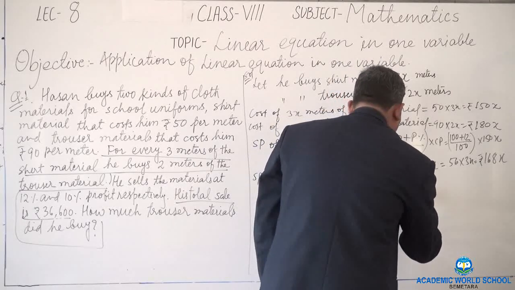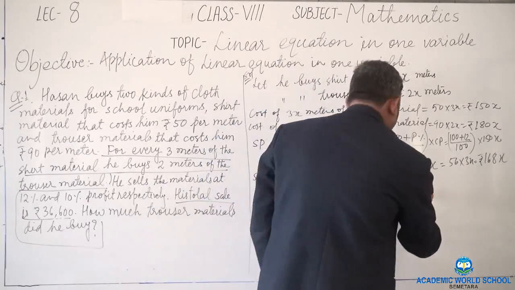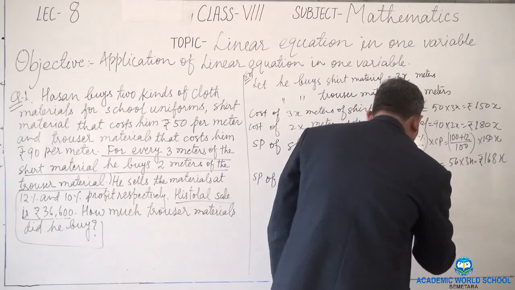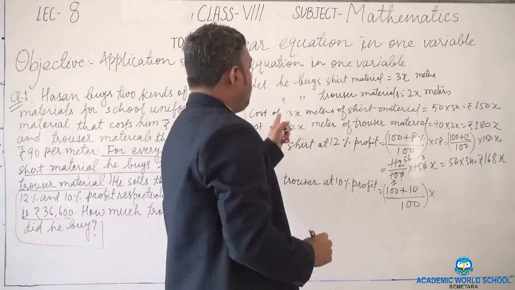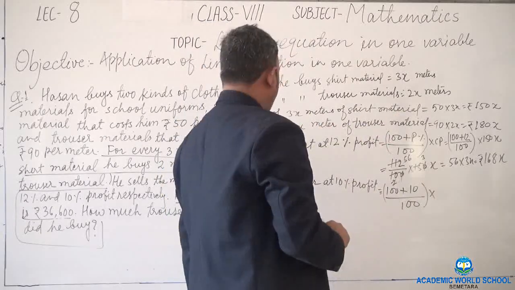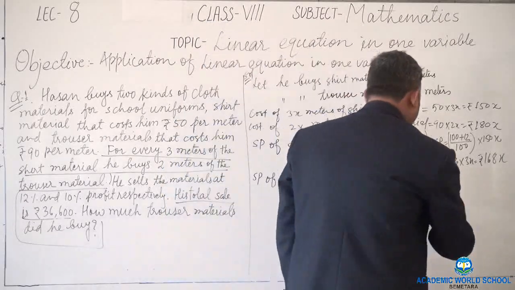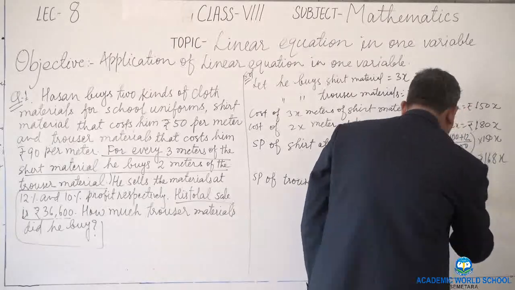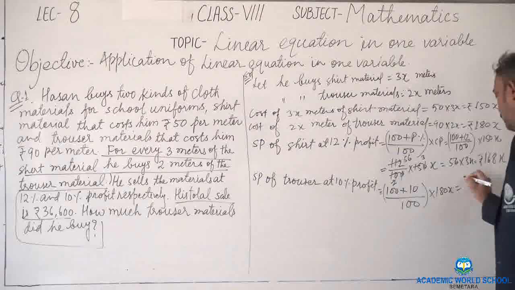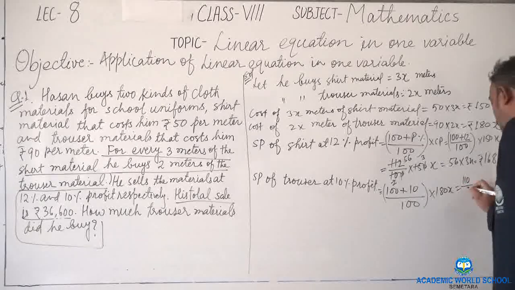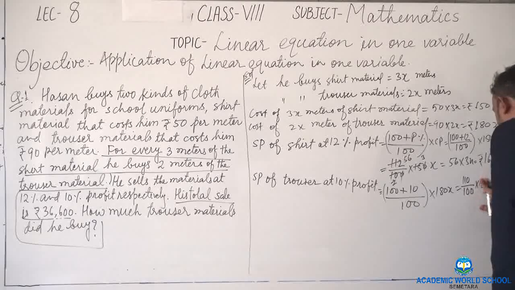So this will be 100 plus profit 10, so 110 upon 100 into CP of trouser material, which is 180x, right? So this will be 110 upon 100 into 180x.